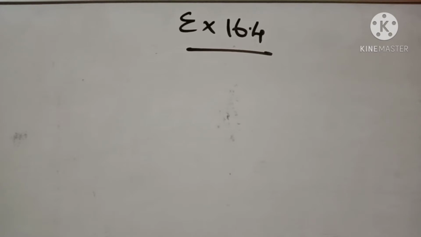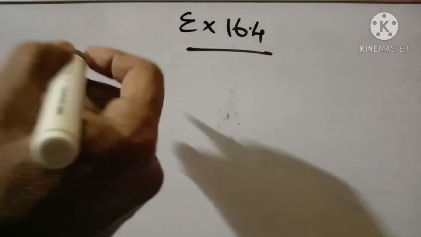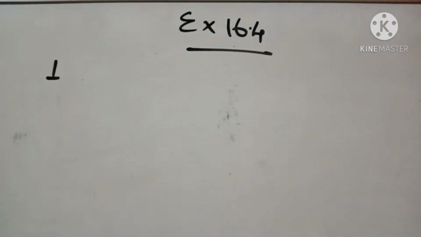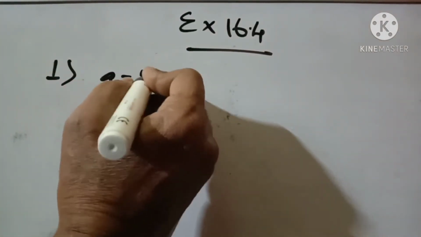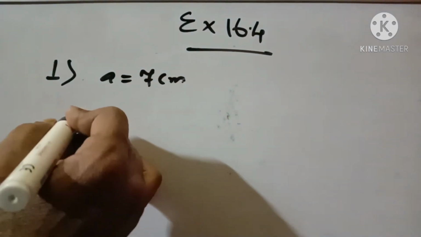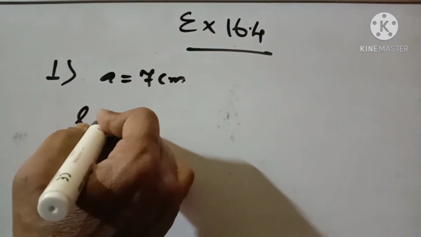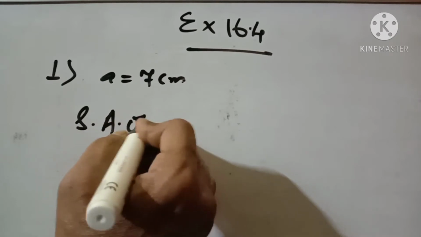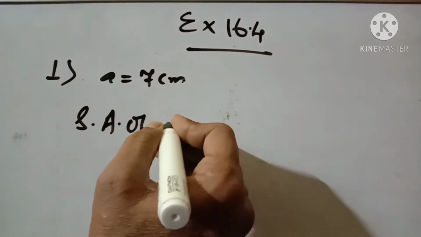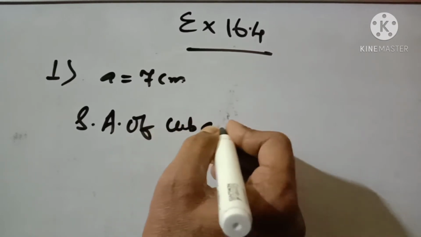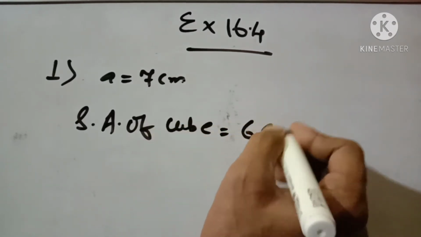Find the surface area and volume of a cube whose one edge is given as 7 centimeter. Here, one edge is given, let it be a. a is given as 7 centimeter. As we know, the surface area of a cube is 6a square.